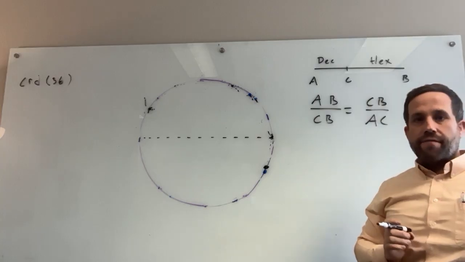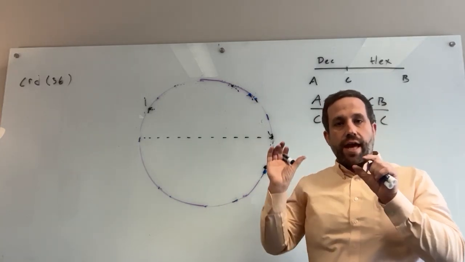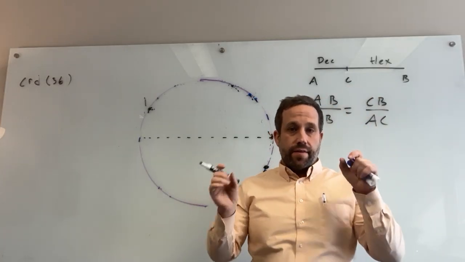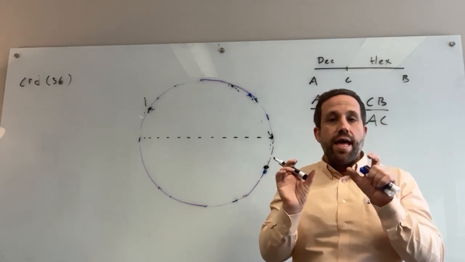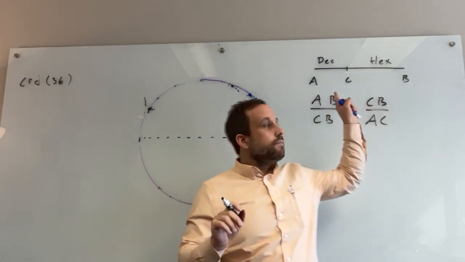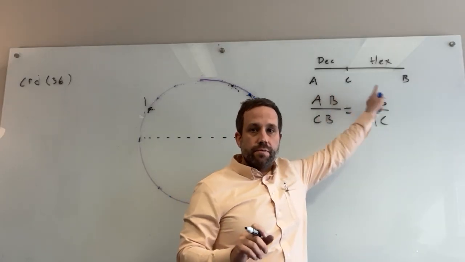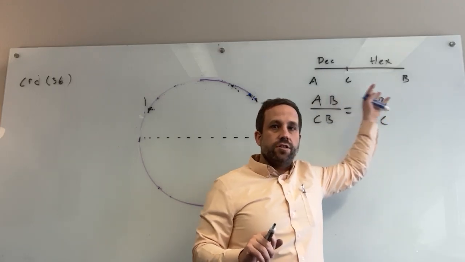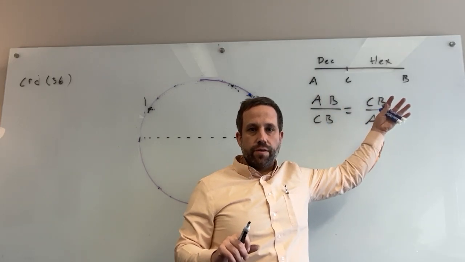Okay, so what he proves is that if you take a hexagon and a decagon, the side length of a hexagon and the side length of a decagon that are inscribed in the same circle, and put them next to each other, then the decagon length is going to divide this line segment into extreme and mean ratio, or the golden ratio.